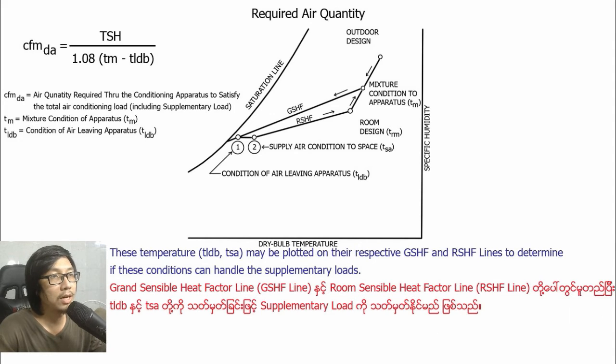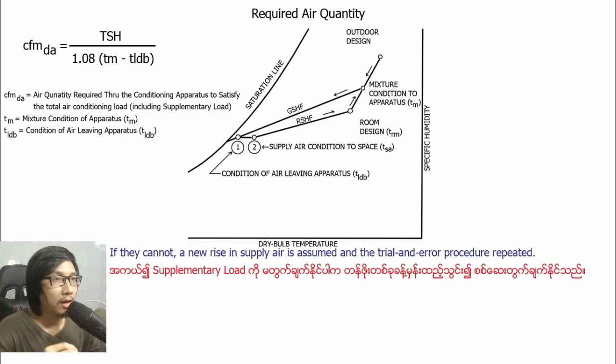At this point, the temperature of air leaving the apparatus and the temperature of supply air may be plotted on the respective grand sensible heat factor and room sensible heat factor lines to determine if this condition can handle the supplementary load. If they cannot, a new rise in supply air is assumed and the trial and error procedure repeated.